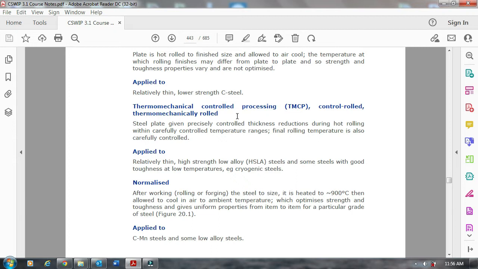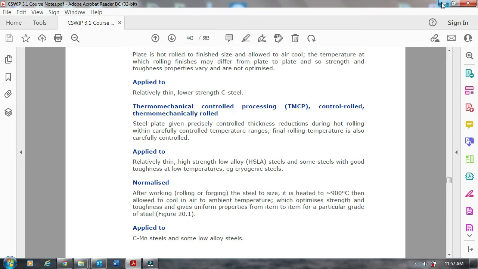Steel is given precisely controlled thickness reduction during hot rolling with carefully controlled temperature ranges, and the finishing rolling temperature is also carefully controlled. That is when you get steel called TMCP. It is applied to relatively thin, high strength low alloy steel, HSLA, usually used for offshore structures with good toughness at low temperature. For cryogenic steels, TMCP material is used.